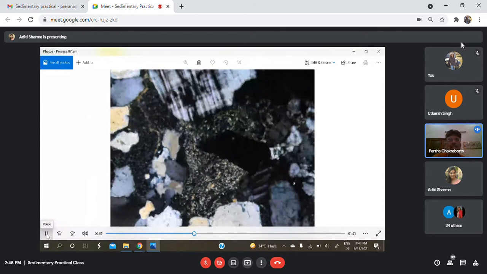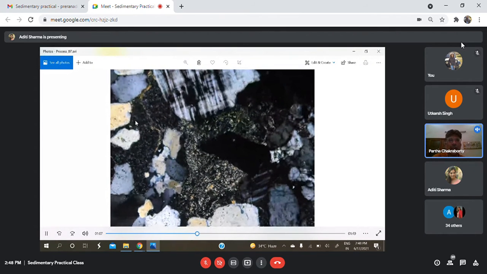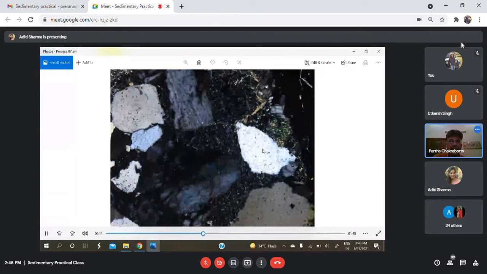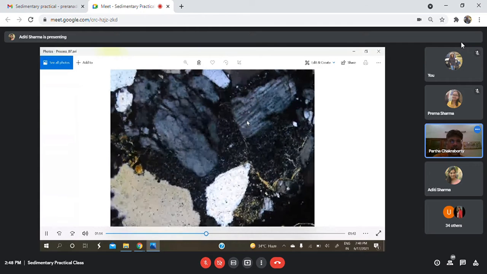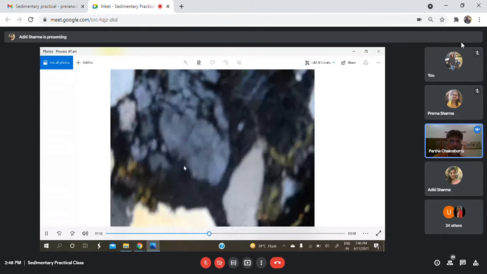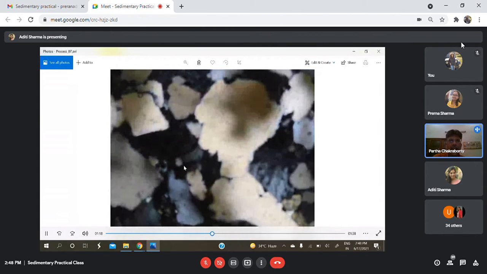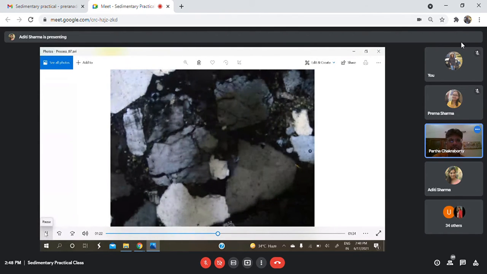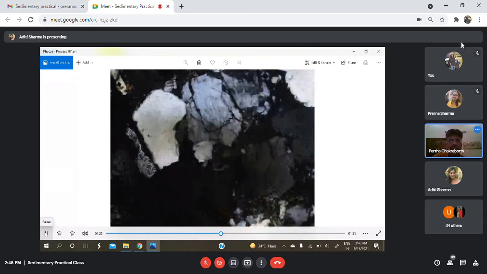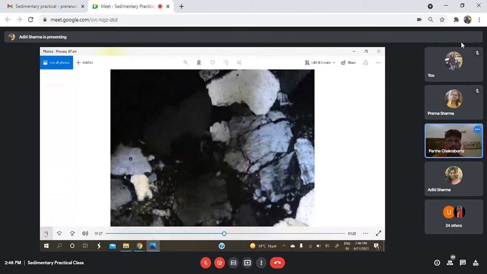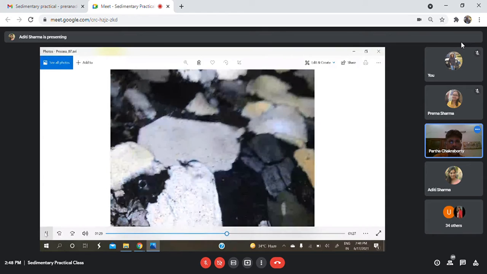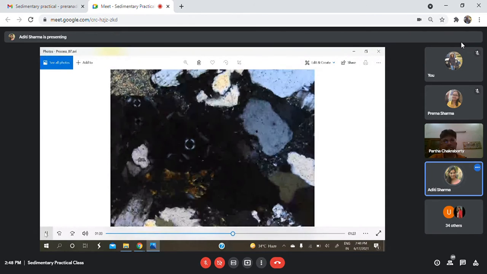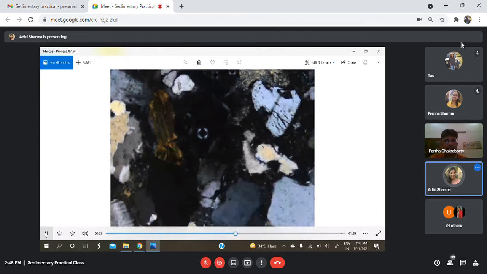You are all seeing the cross-hatch twinning and the microcline, beautiful grains of microcline.